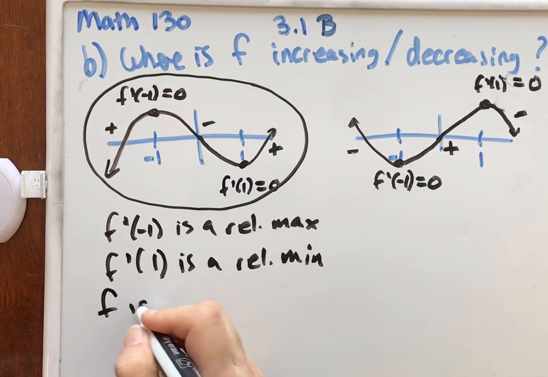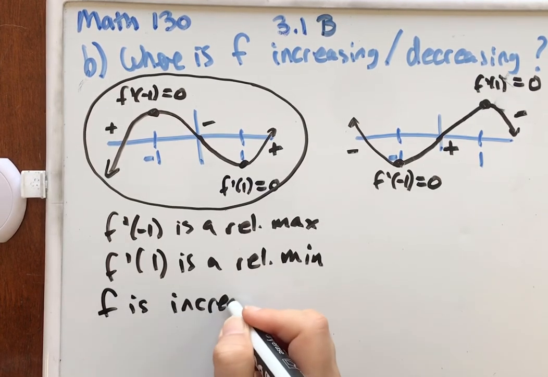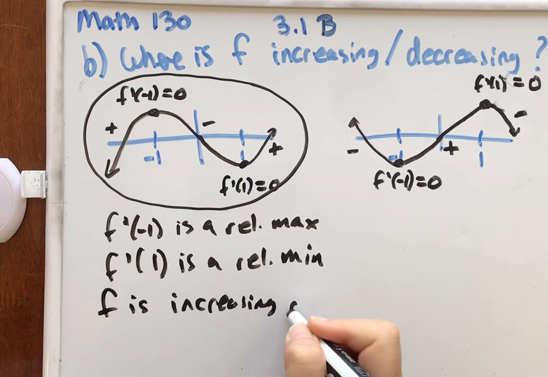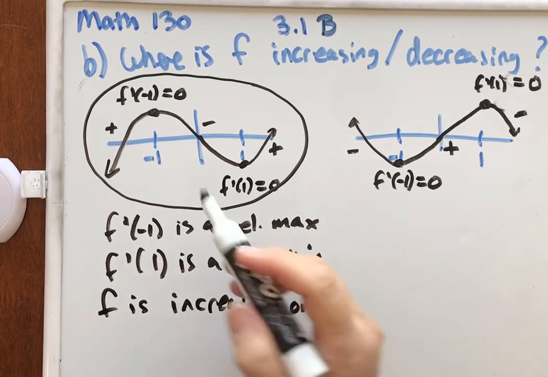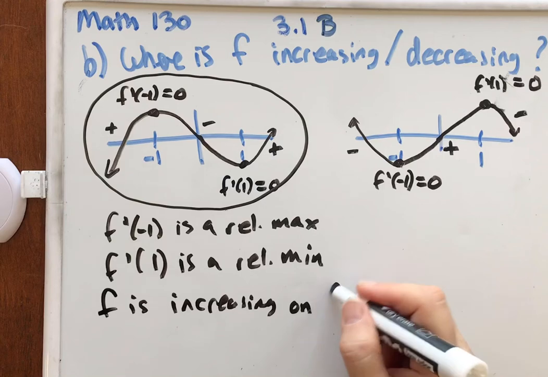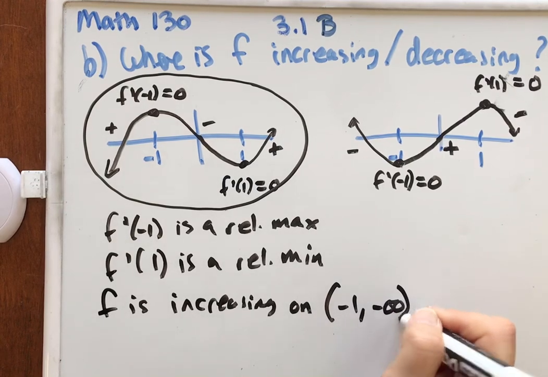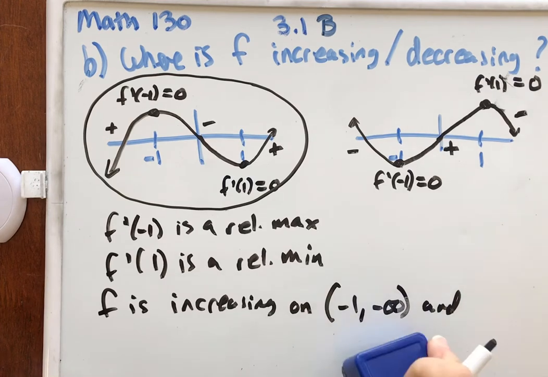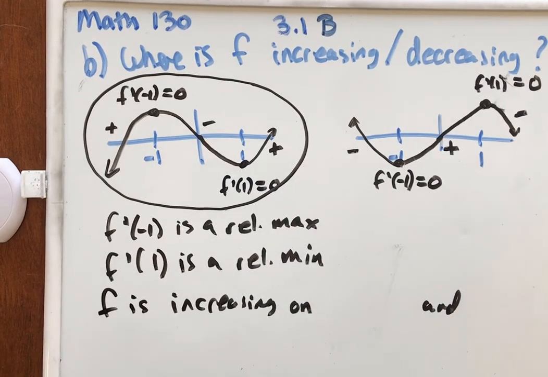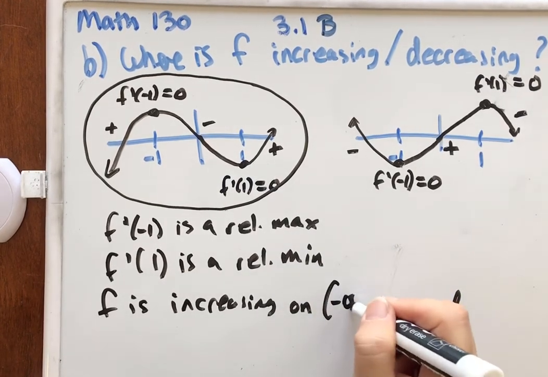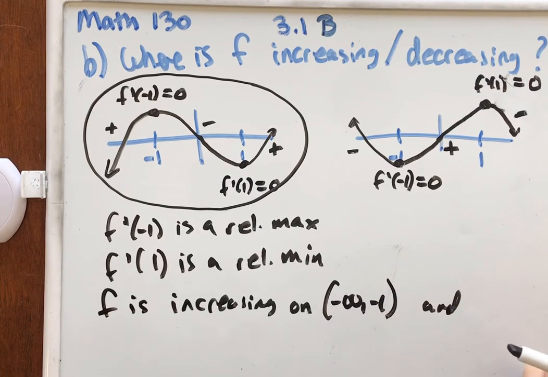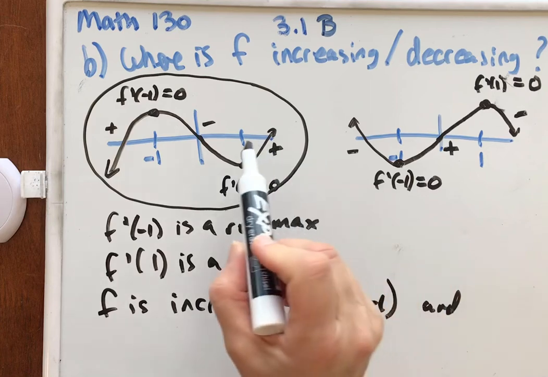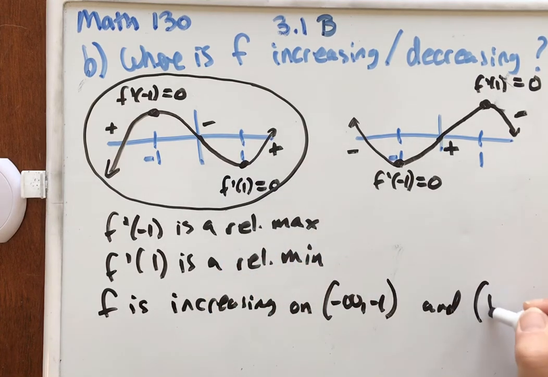And we say f is increasing on, and then we state our intervals, -1 to -infinity. We actually write them the other way, so I'm going to erase that. We put the lesser number on the left side, -infinity to -1, and it's also increasing here from 1 to positive infinity.